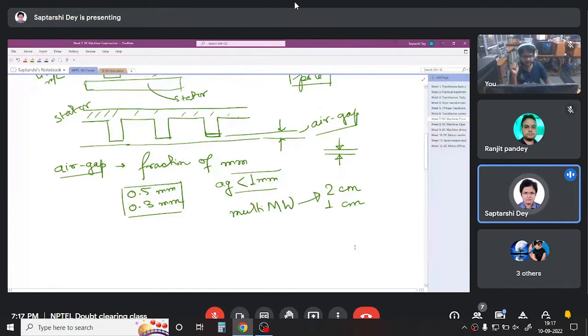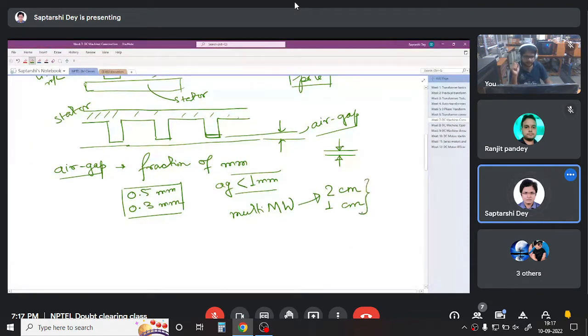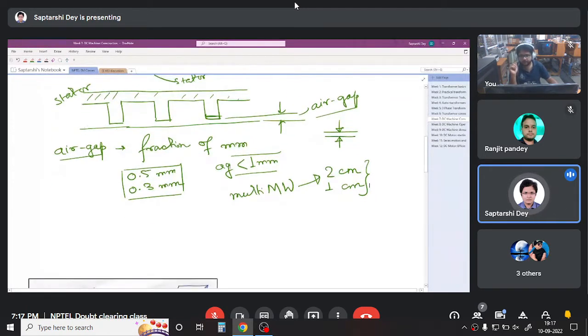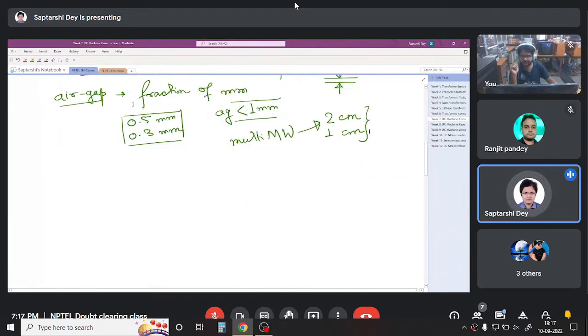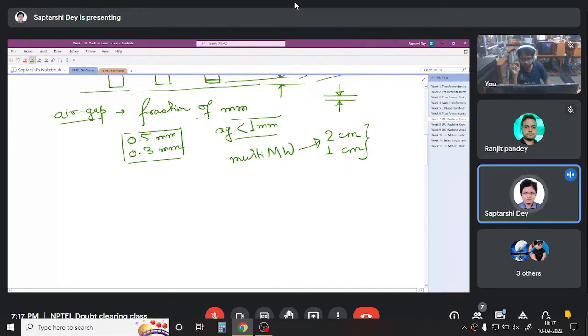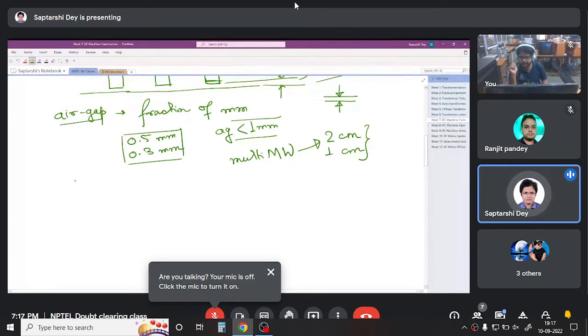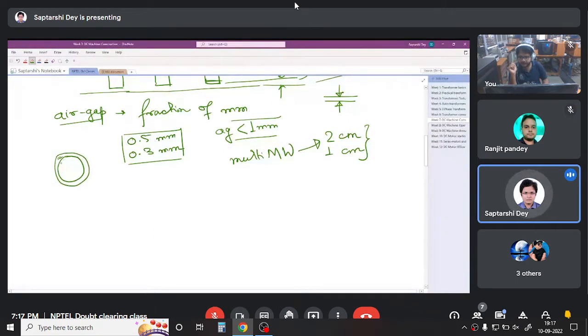And this kind of large air gap actually creates some other kind of problems which we will not go into in this course. But what I want you to appreciate is the constructional details of DC machine or any kind of machine for that matter, that a small air gap is created. See, there is a stator here. So this is a stator made of iron. This is another iron body inside.